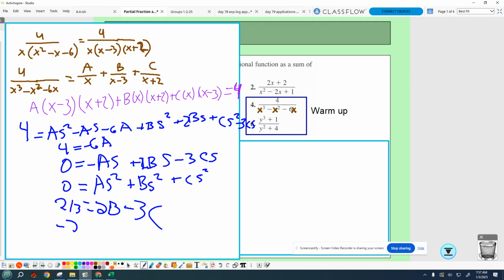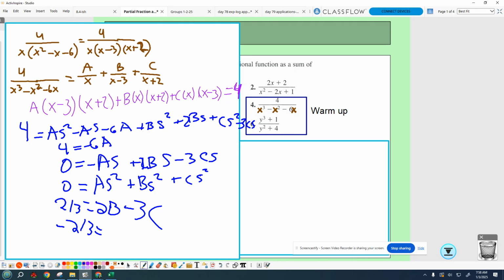Is that using the second equation? This is using the top equation, I plugged in A and then solved for B and C. Plugging in A is negative 2/3, right?